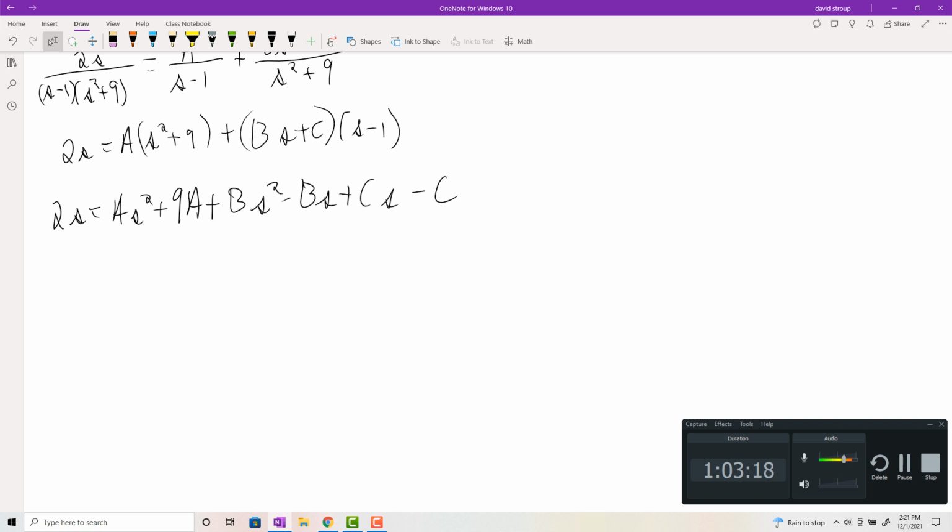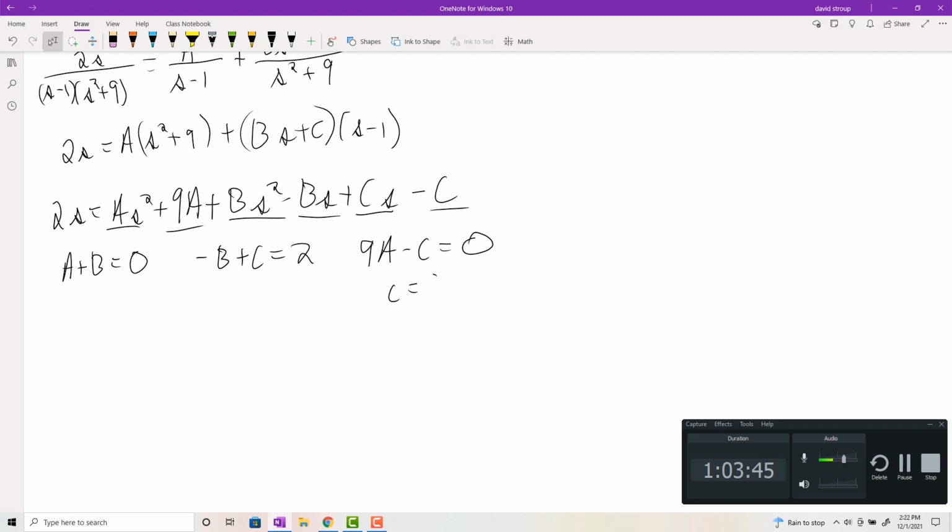You're equating coefficients now, so you have a plus b is 0. Then you have negative b plus c equals 2. Then you have 9a minus c equals 0. Okay, so how do we want to do this? Well, let's solve for c.